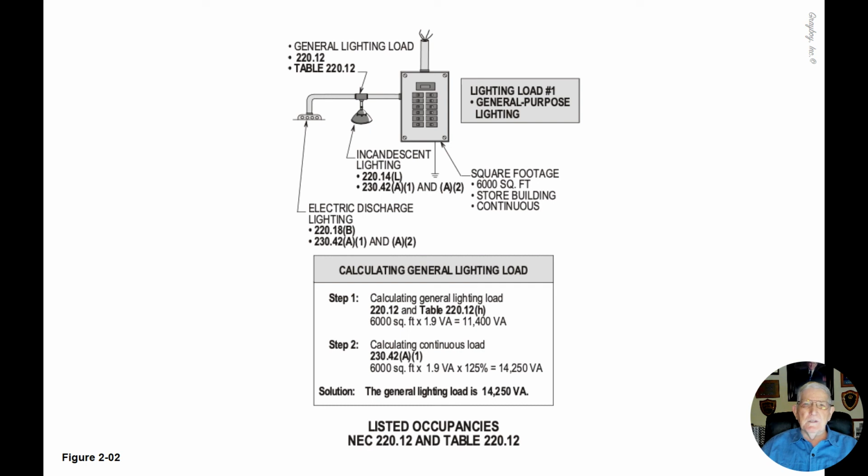Now, I would like to make a note and a little test tip. If you do not have, say, a listed occupancy listed in table 220.12, such maybe as a welding shop, then go to 220.14 through M and select the loads that are listed there that may be in your facility, and go by those rules and follow the requirements that are listed in 220.14 through M, where you would have an unlisted type occupancy.